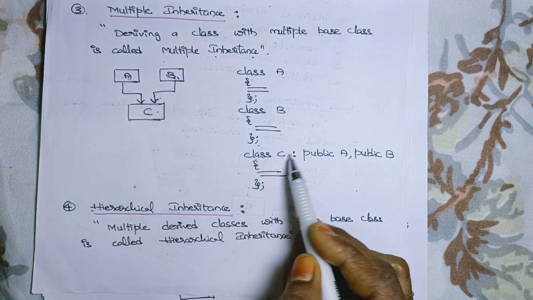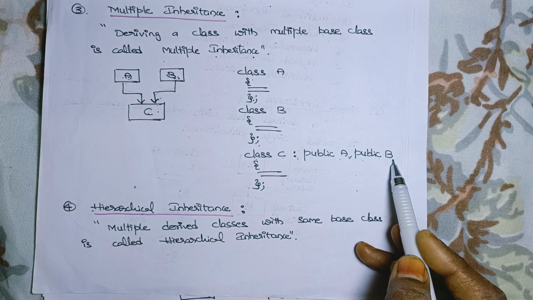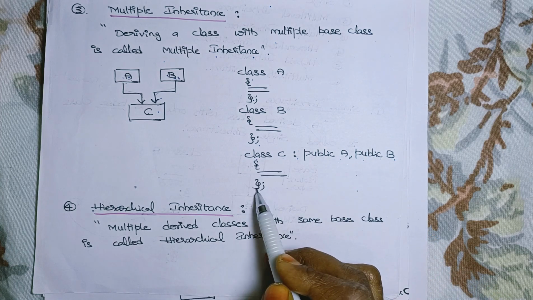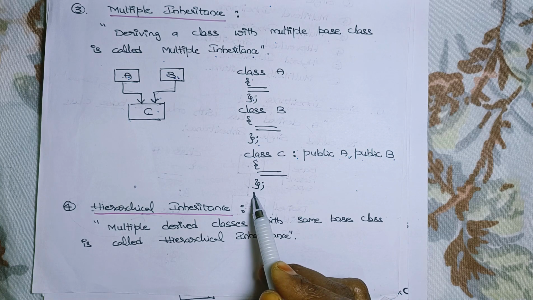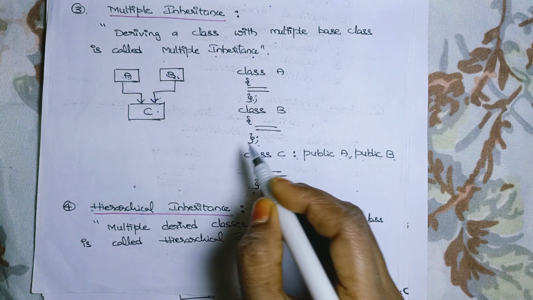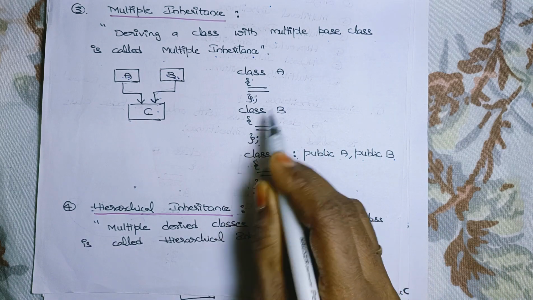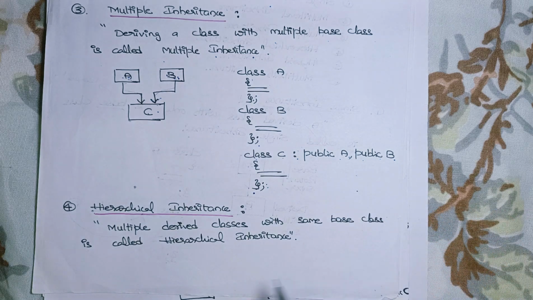So class C colon public A, comma, public B you need to write. Class C is closed. This is the syntax for multiple inheritance. To write the program for any type of inheritance, you need to remember the syntax. It is mandatory to remember the syntax, then you can easily write the program.